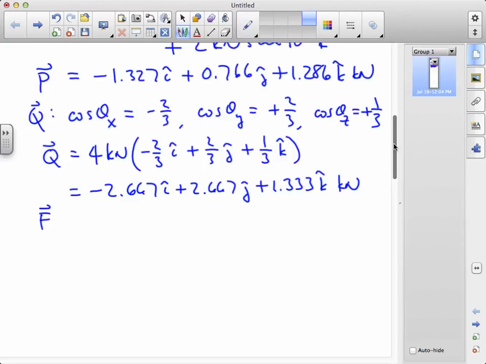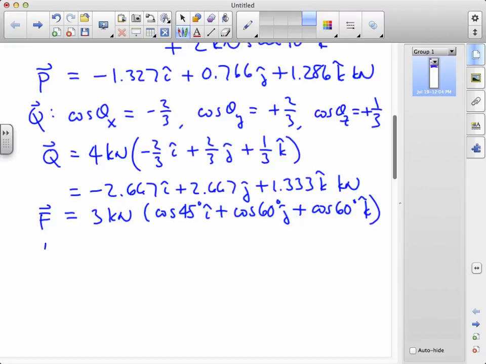We can say that F is equal to 3 kilonewtons cosine of 45 degrees in i plus cosine 60 degrees in j plus cosine 60 degrees in k.